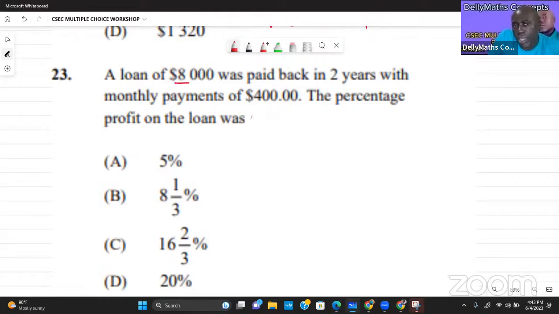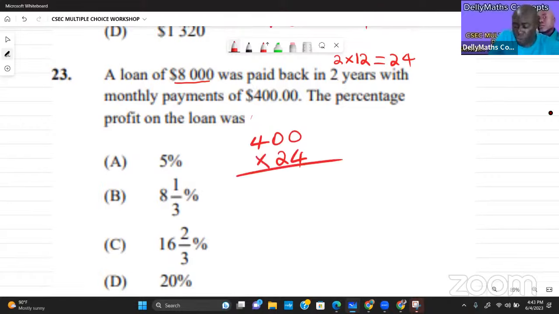So we know we borrowed 8,000, but we pay back monthly over 2 years. 2 years monthly is how many months? Well, 12 months in a year, so we're talking about 24 months. We actually paid $400, right? $400, you pay that 24 times.